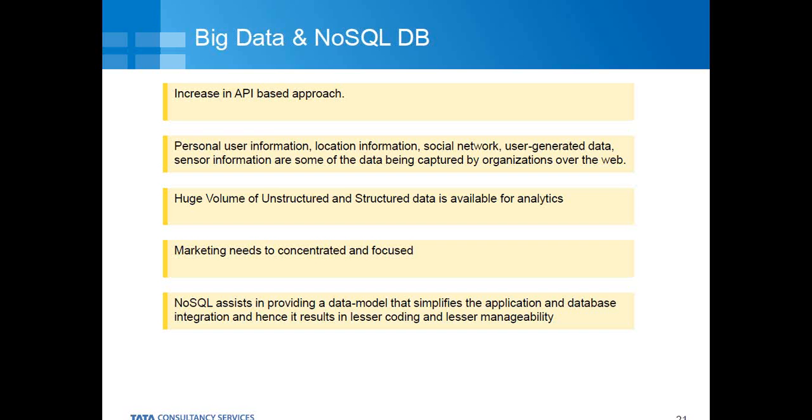In recent cases, data has become easier to capture and also access, mainly because of the API approach, like personal user information, location information, the social network, user-generated data, sensor information. These are some of the data that is captured by organizations over the web.